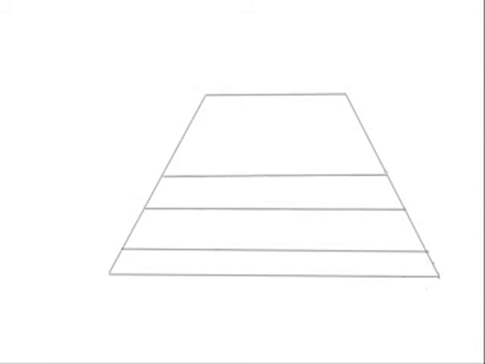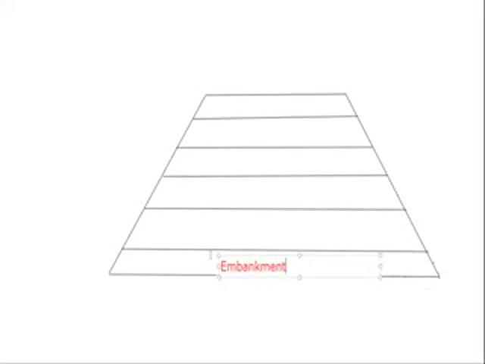This WMM is usually provided in 2 layers, and above this the binder course or DBM is there. You will provide this DBM in a single layer, and similarly this also we will provide in a single layer.